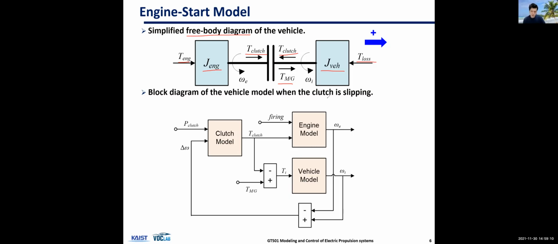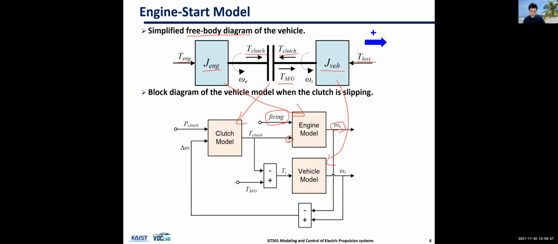So you have a vehicle model, and then engine dynamics, and then you have the clutch model. The engine model has these inputs, clutch torque and firing. Firing is the control input. And the output would be engine speed.